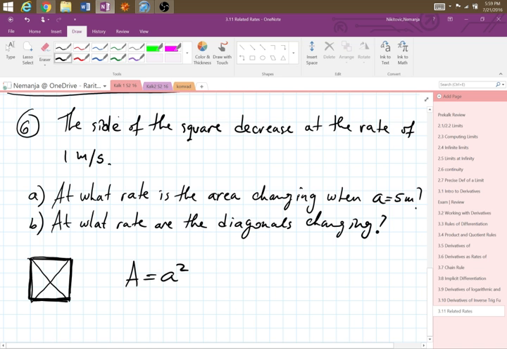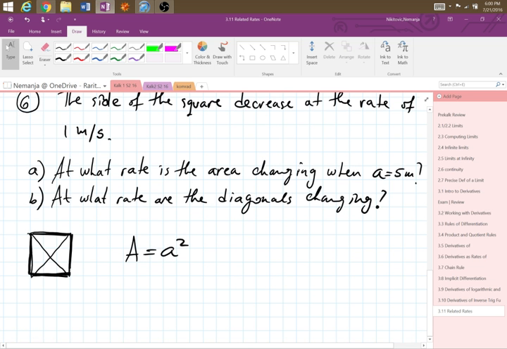Now, you are also picking up in this problem the word rate, and you also see at what rate something is changing, and you are given meters per second, so you see that the units are over seconds, which means change in time. So you immediately say, I am differentiating this with respect to time.